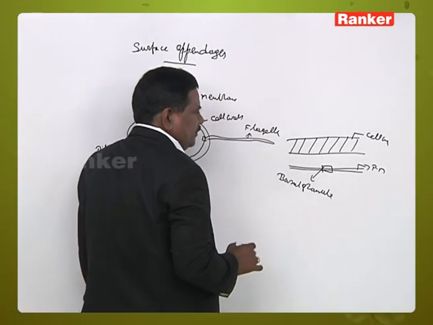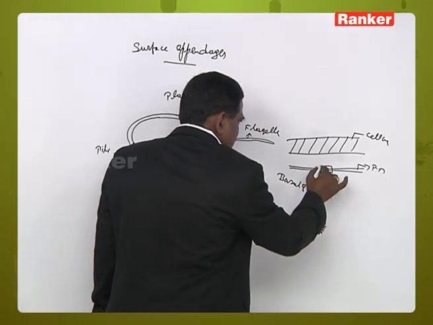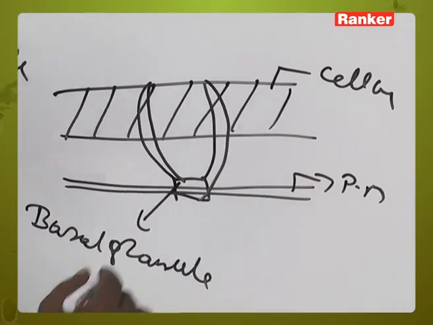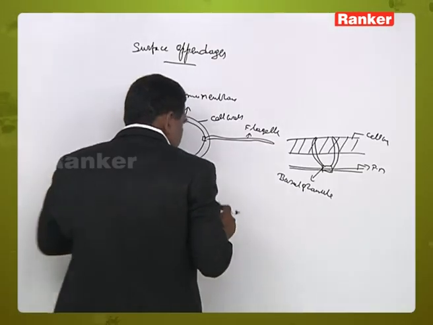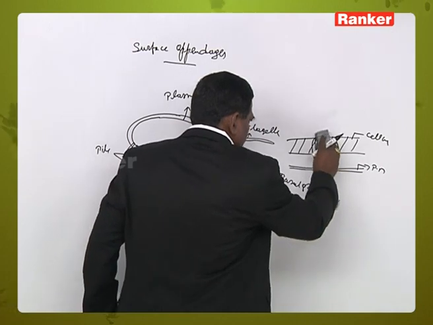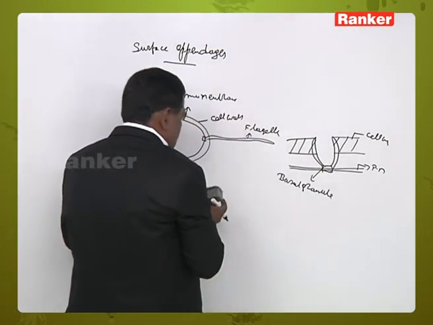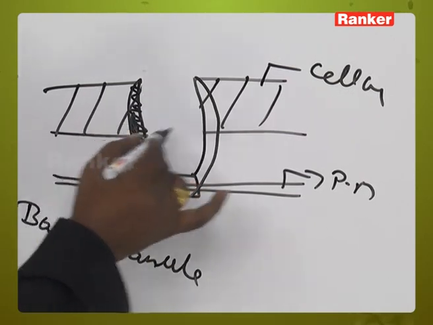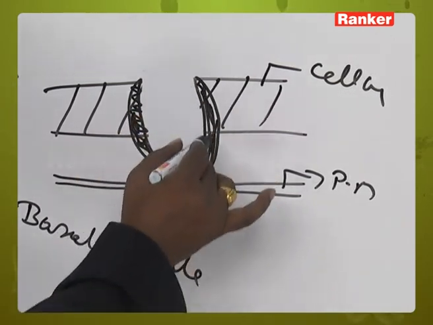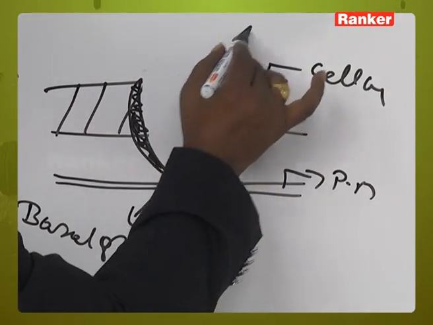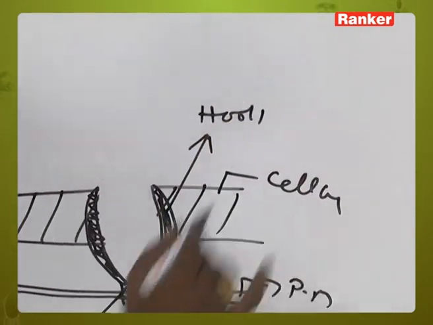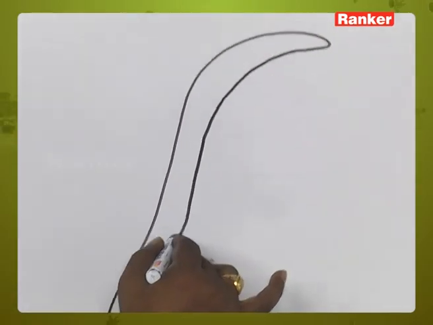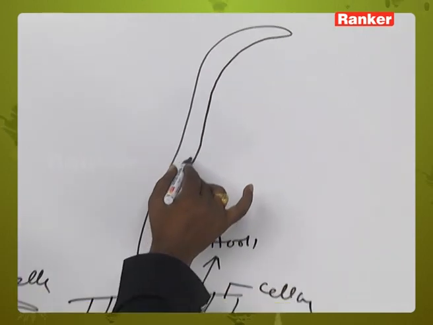From the basal granule, a hook is formed. That hook passes through the cell wall. From this hook, a long slender structure arises, the filament.